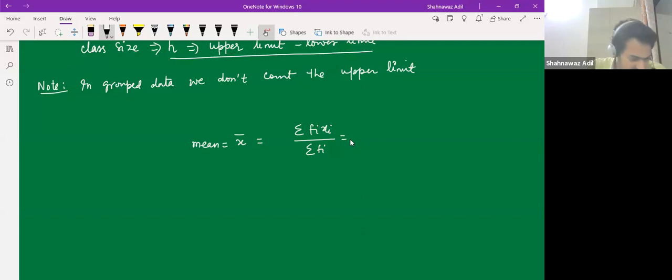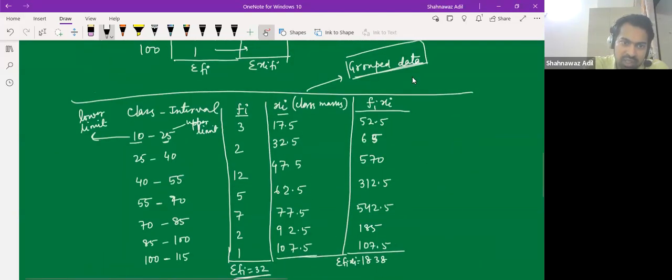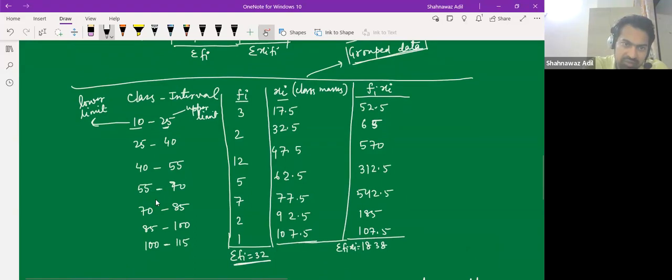So this is 1838 divided by 32. So how much is that? 57.43, right? So this is the mean of this data. So this is the central marks of the students. Understood, everyone?